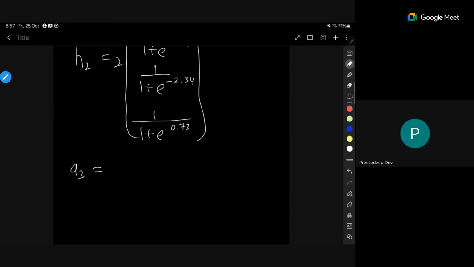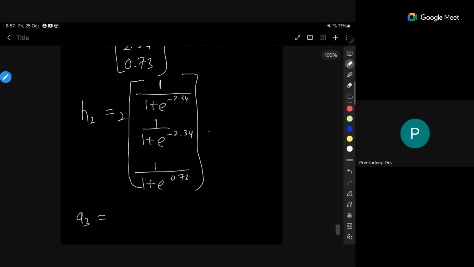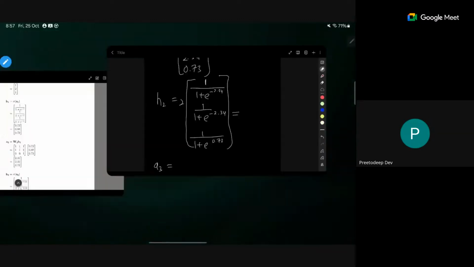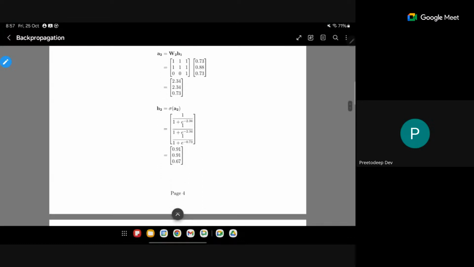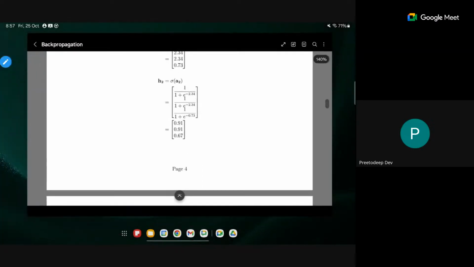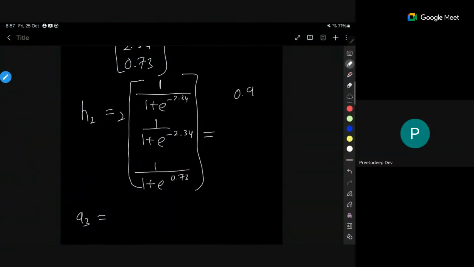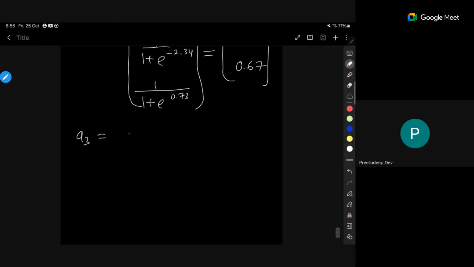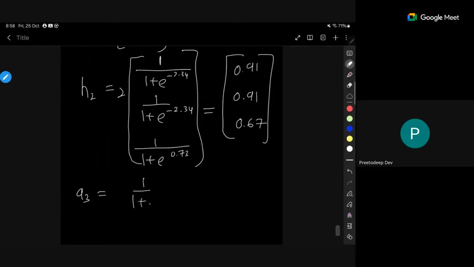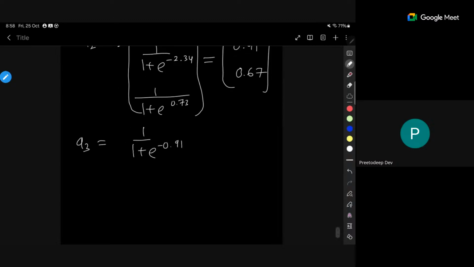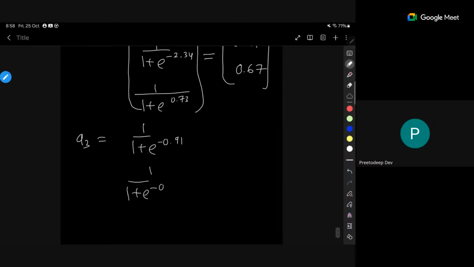Now I need to figure out A3. Oh, okay, I need to write these values first. It is 0.91, 0.91, 0.67. Now A3 is going to be again 1 by 1 plus e power 0.91. No, sorry, this is the output layer.